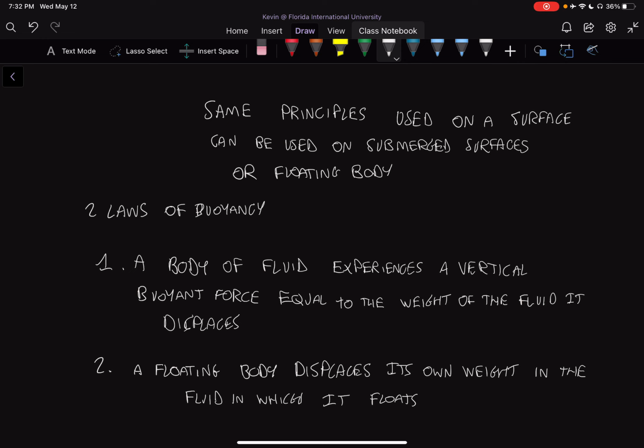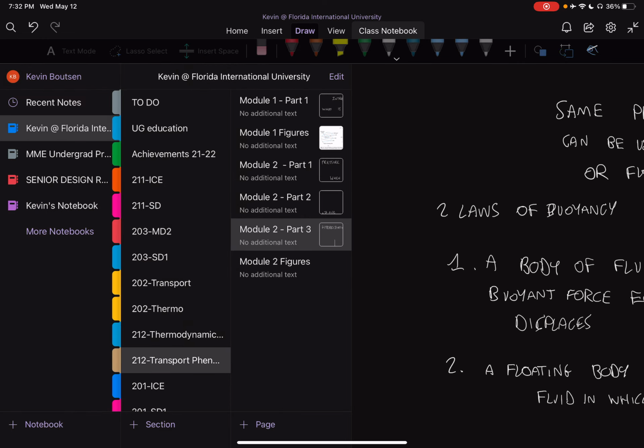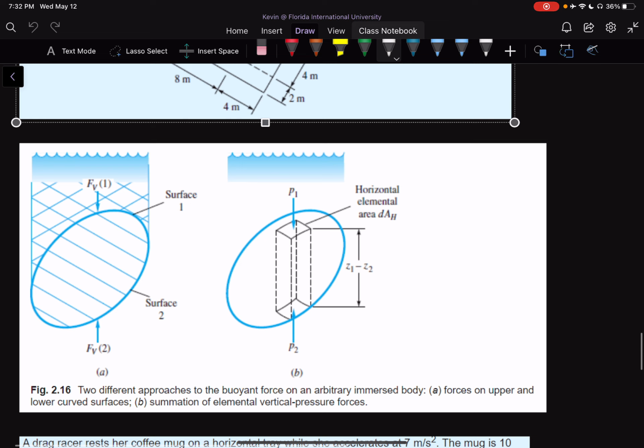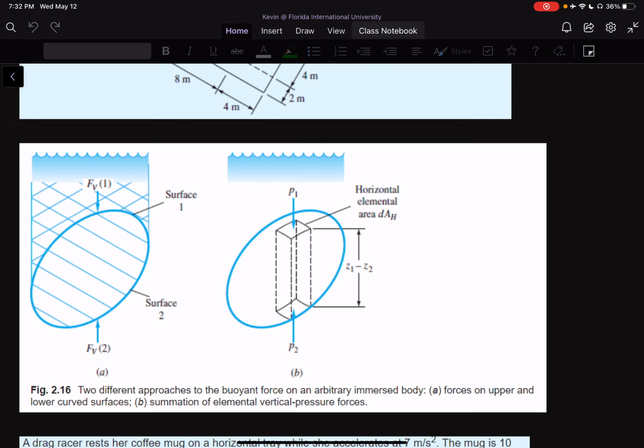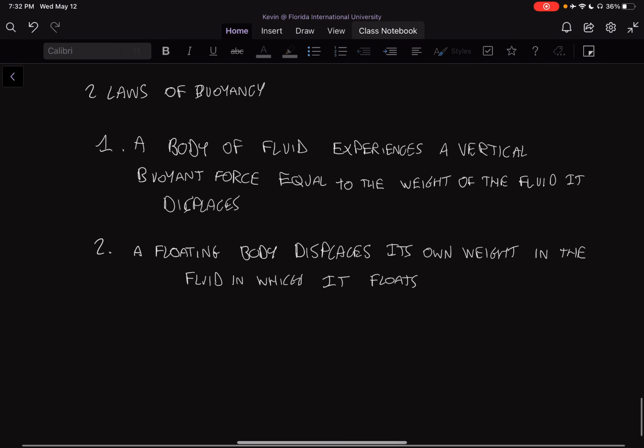So let's look at this from a methodology of integration. Let me copy this over so that we have it as reference in our lecture.